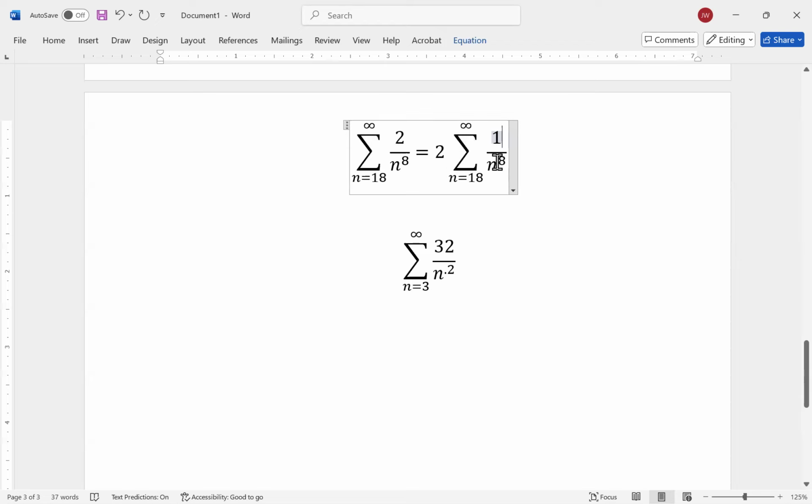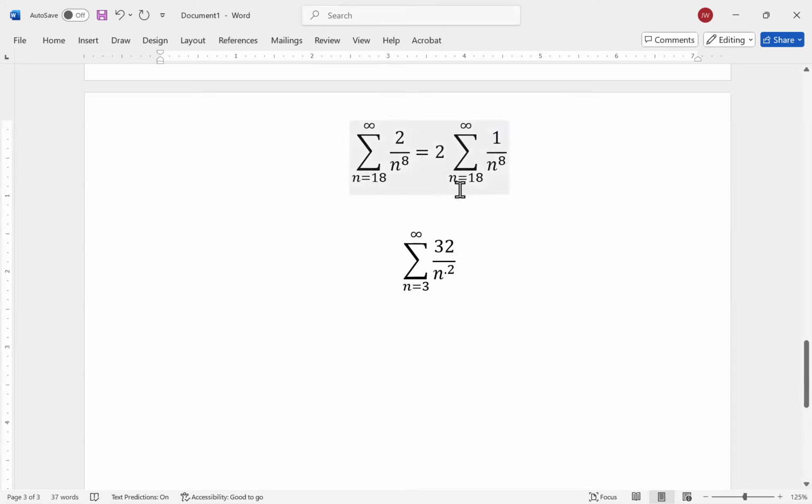So multiplying by a 2 isn't going to affect whether or not this converges or diverges. It will affect what it converges to, if it does converge, but doesn't affect whether it converges or diverges.